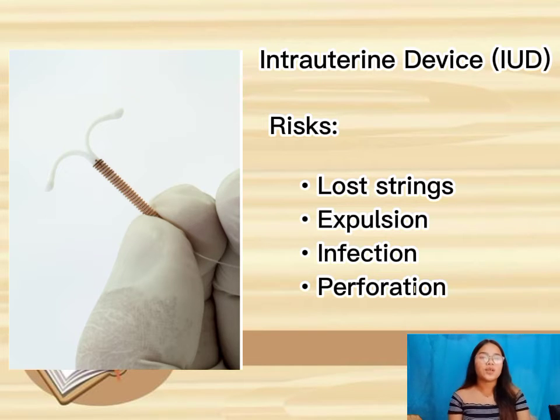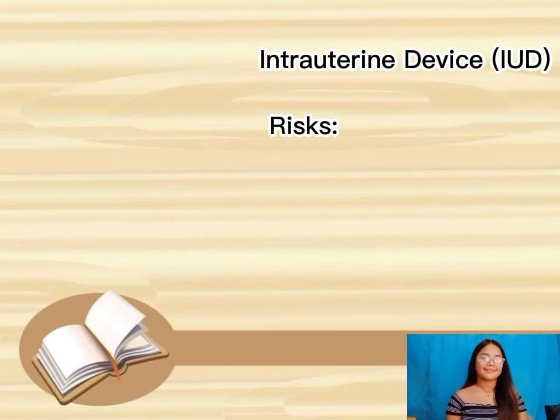Perforation, the IUD pushing into or through the muscle of the uterus, is rare, occurring in 1 to 2 per 1,000 IUD insertions. This typically occurs during the insertion process. If the provider inserting the IUD recognizes a perforation, they will stop the procedure and remove the IUD.